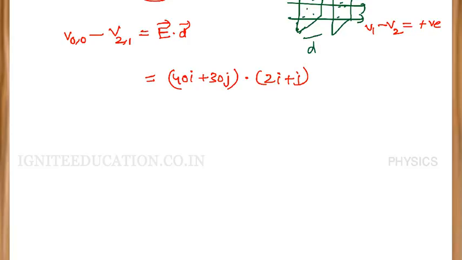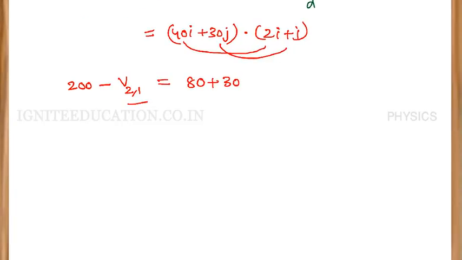So V00 minus V(2,1) is equal to 40 into 2, 80, plus 30 into 1, 30. So we need V(2,1). V(2,1) is equal to 200 minus 110, that is equal to 90 volts.